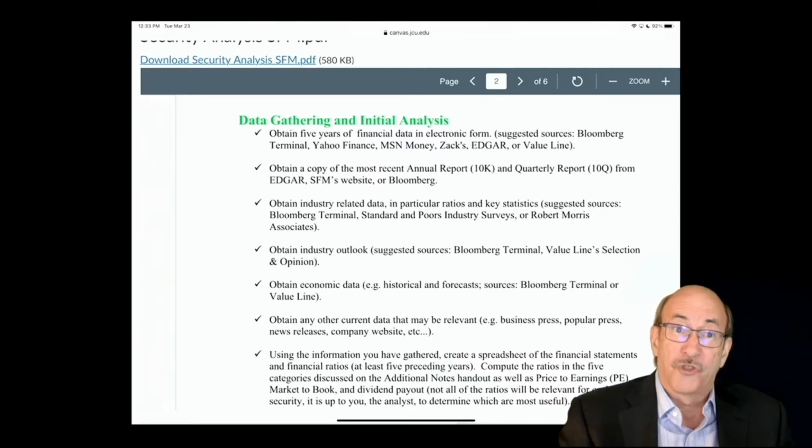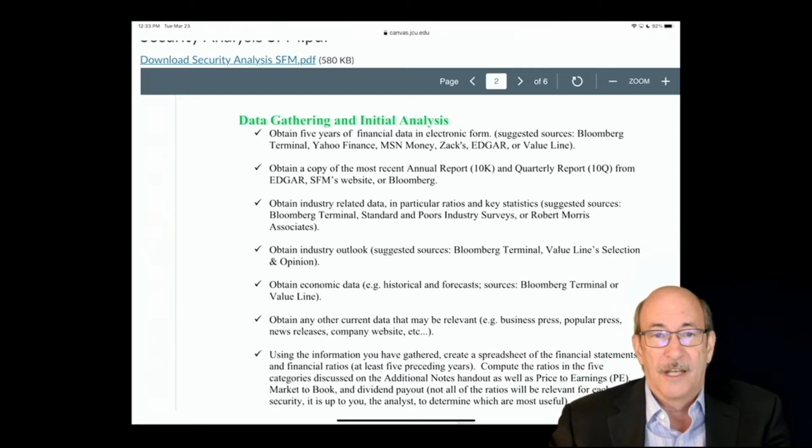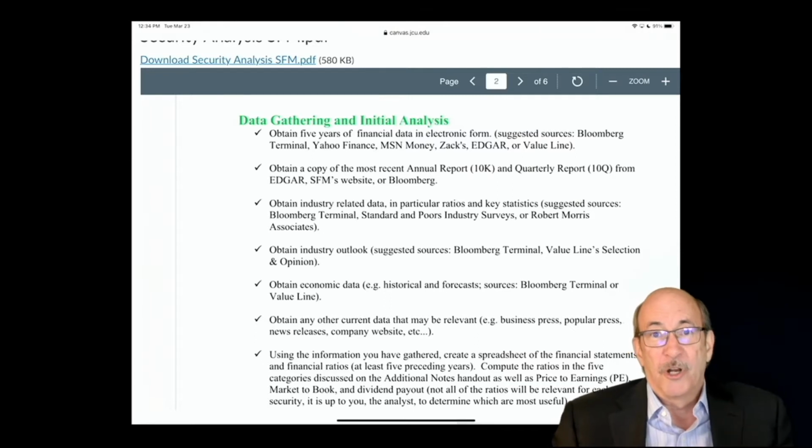There are other sources, so don't feel like you're stuck if you can't get to the terminal. But I think Bloomberg is the easiest. And you're going to be gathering data not only for the subject company, for Sprouts Farmers Market, but also for your comparable or your benchmark companies.